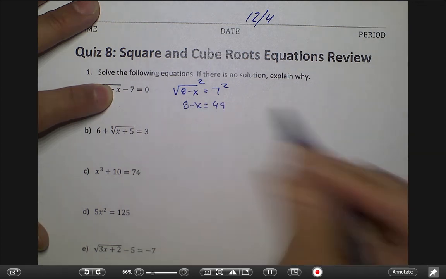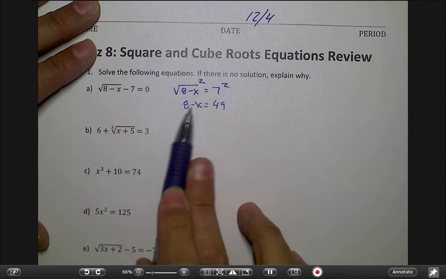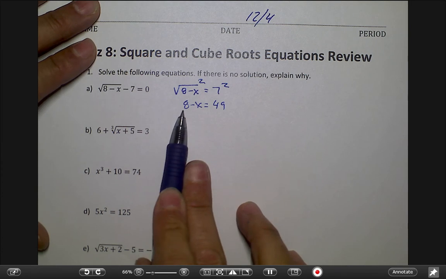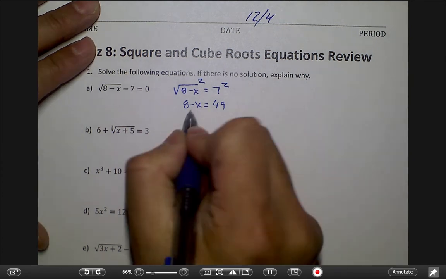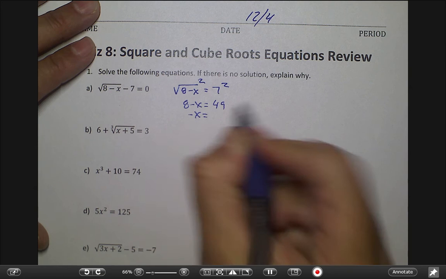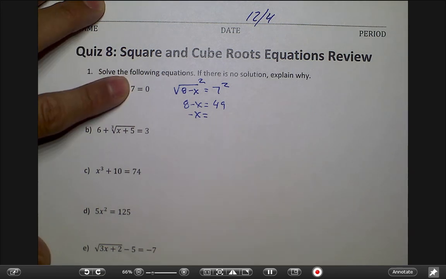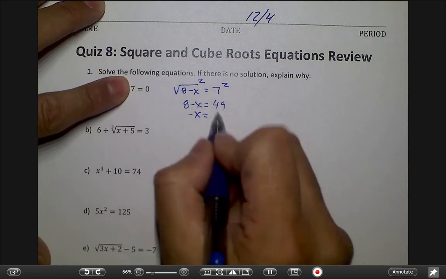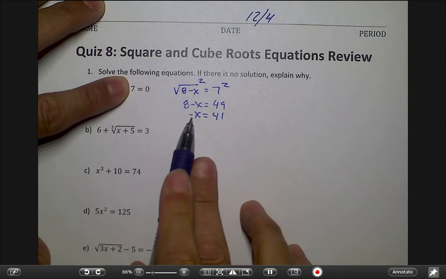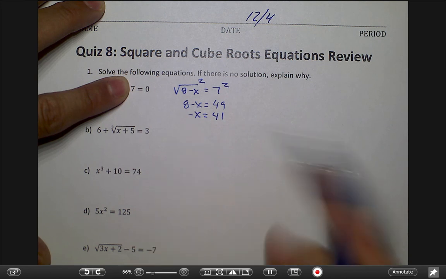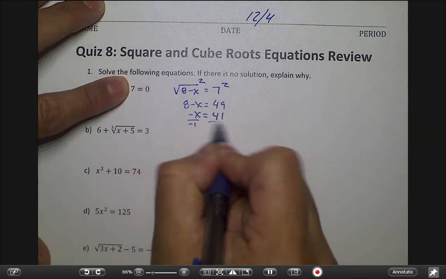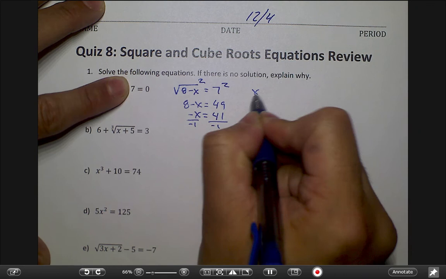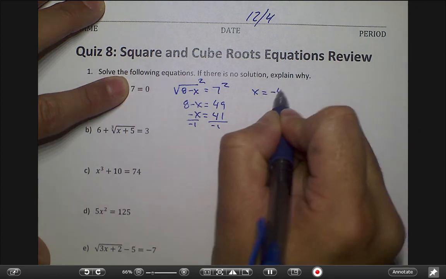Very good. Now I'm still trying to get the x by itself, so I need to subtract the 8. So it's negative x equals 49 minus 8, which is 41. But now I've got to get rid of my negative. Very good, divide by negative 1. So x equals negative 41.